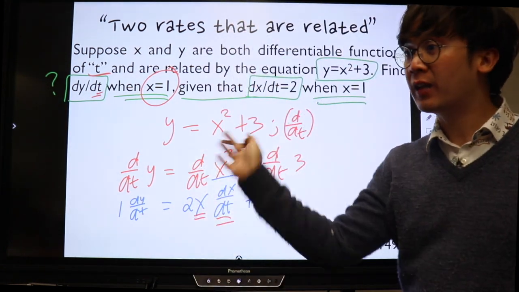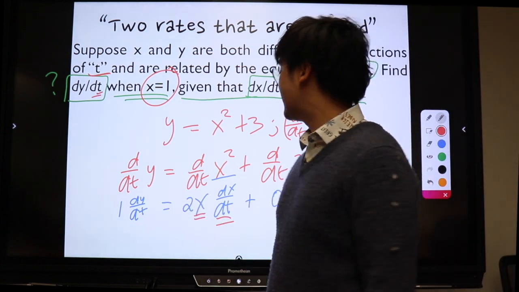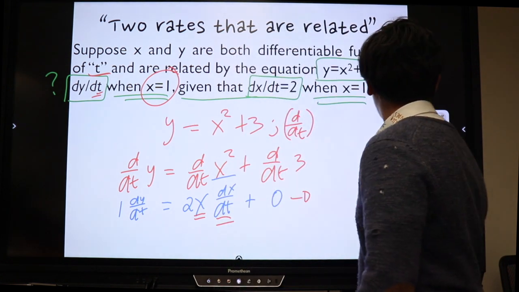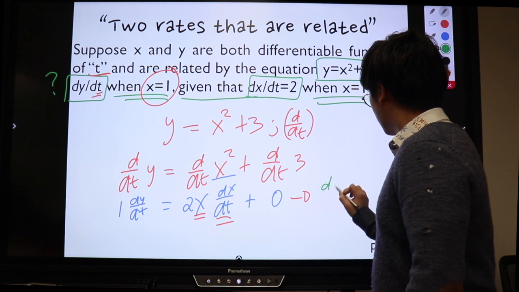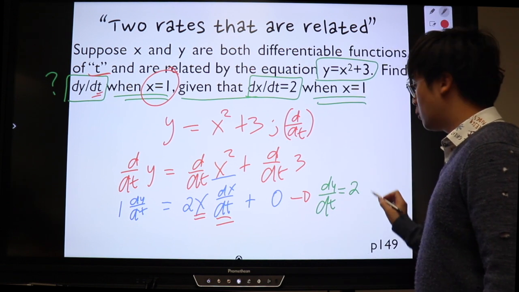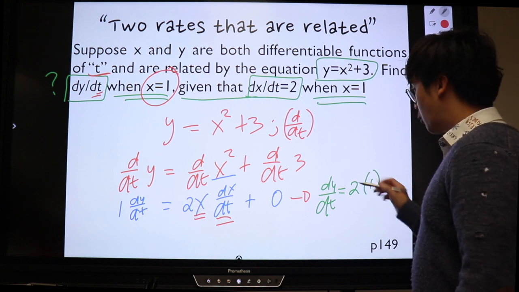So plug in all the information you have in your word problem and you will find your dy dt. And in this case, it will be dy all over dt is equal to 2, what is x? 1. Times, what's dx dt?